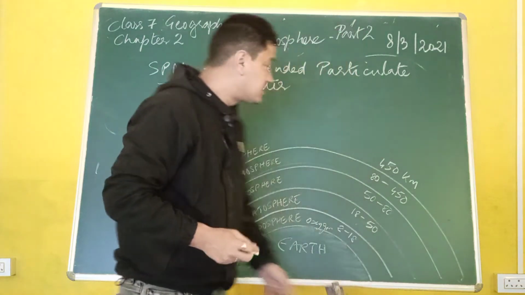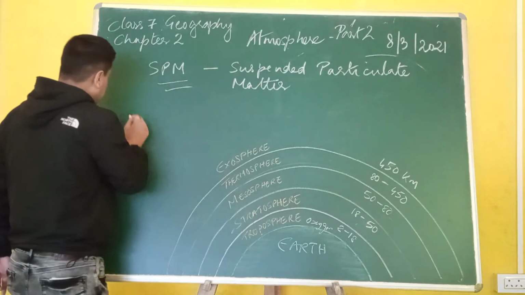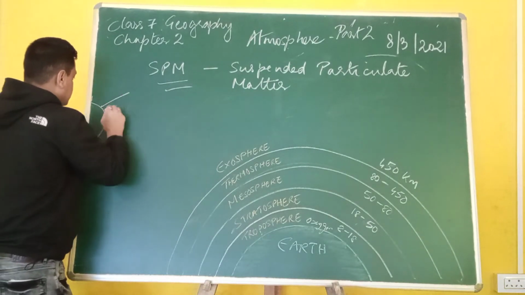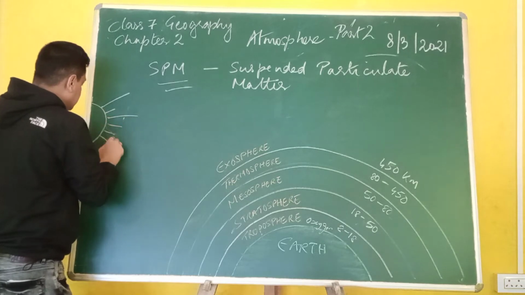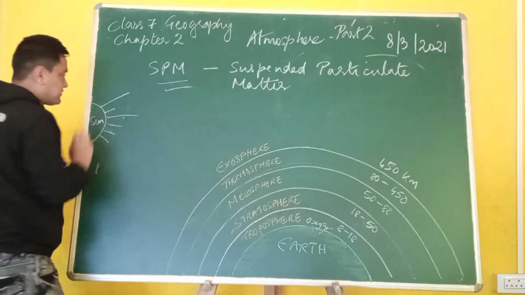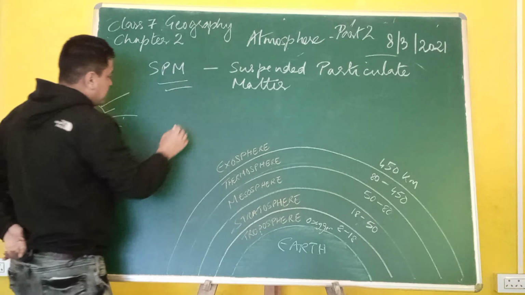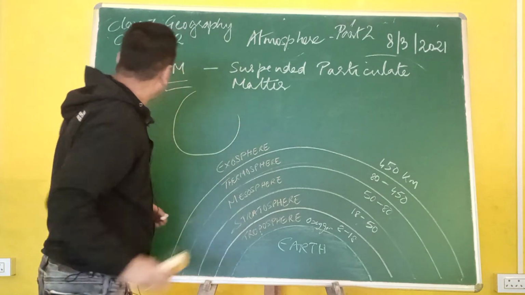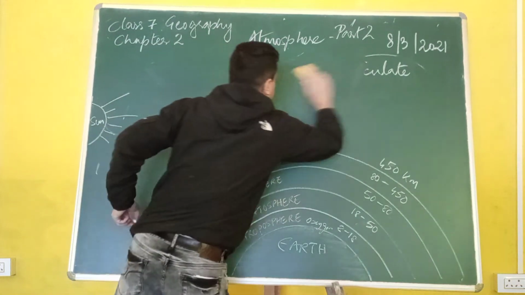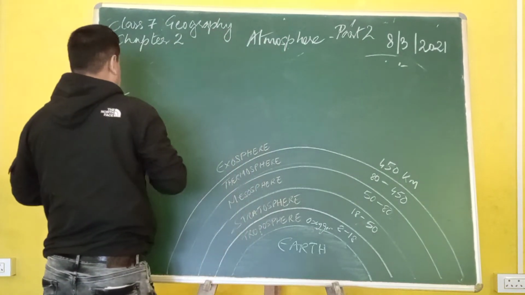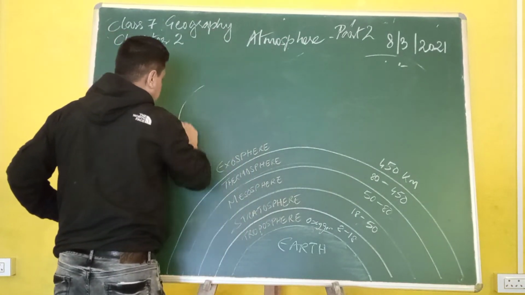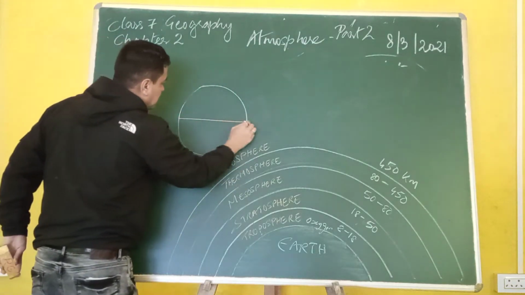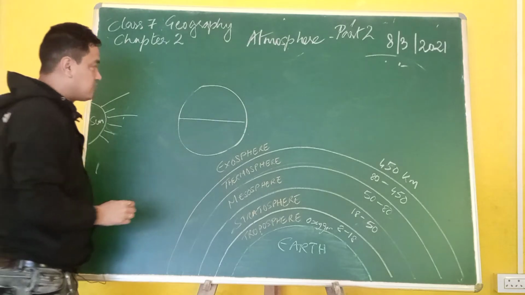Now let's take for example the direct rays of the sun. If I draw a sun here, I will write sun here. Then if I make the earth, the earth is cut into two equal halves by an imaginary line called the equator.